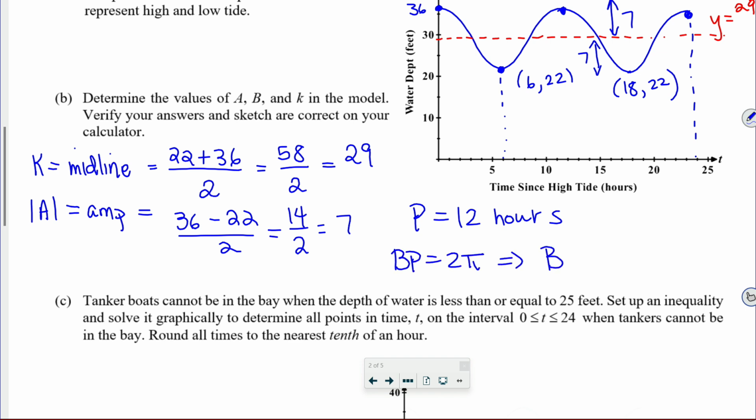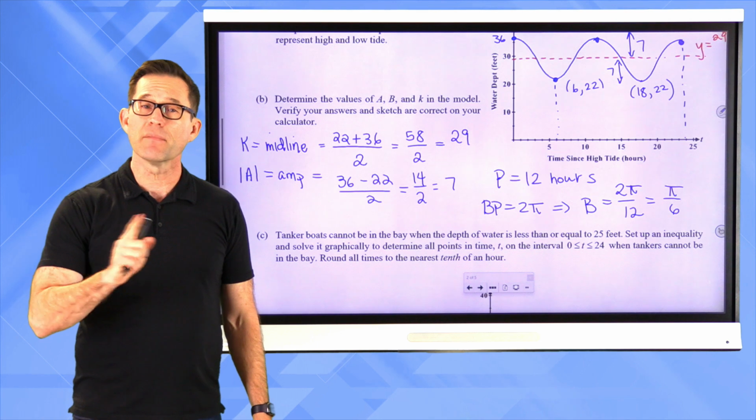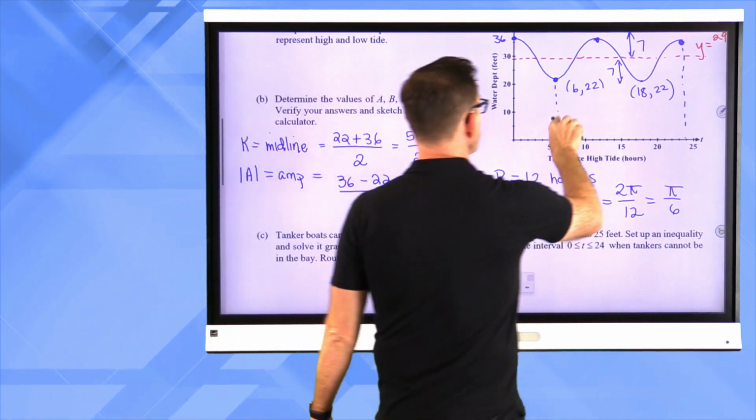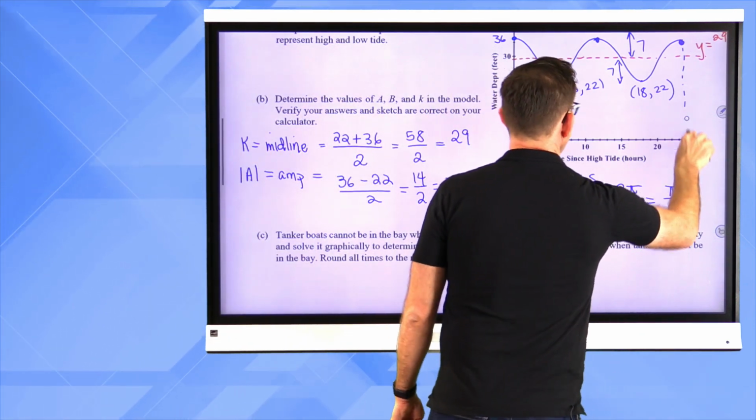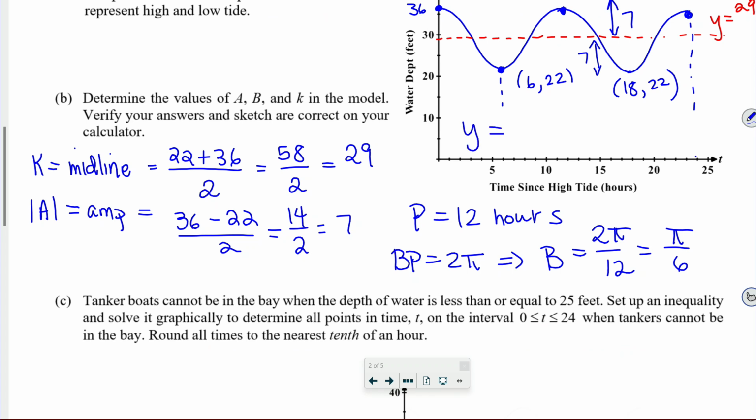That means that my B is 2 pi divided by 12. You could leave it like that, or you could reduce it to pi divided by 6. Now that means that my final curve, I have no space to write, so I'm going to put it right here, is y equals 7 times the cosine of pi divided by 6 times t plus 29.